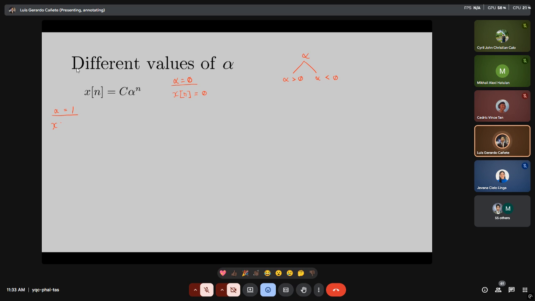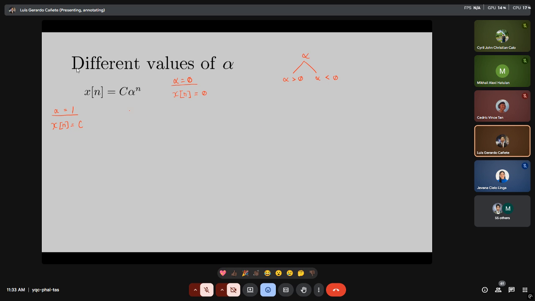When alpha is equal to 1, x of n is just equal to c. So it's similar to the case that we had in the continuous time case, where it's always just going to be c, right? Regardless of the value of n, 1 raised to the power of n is always going to be 1, so therefore x of n is going to be c. So it's going to be a constant all throughout.